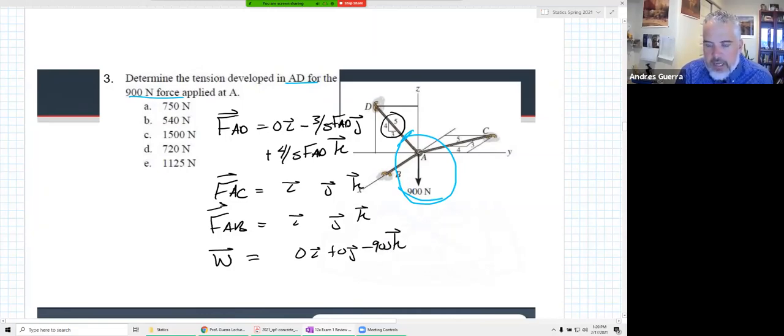And it's minus 900 because it's going in the negative Z direction. So if we do that, what that gives us is all the info that we need for equilibrium.